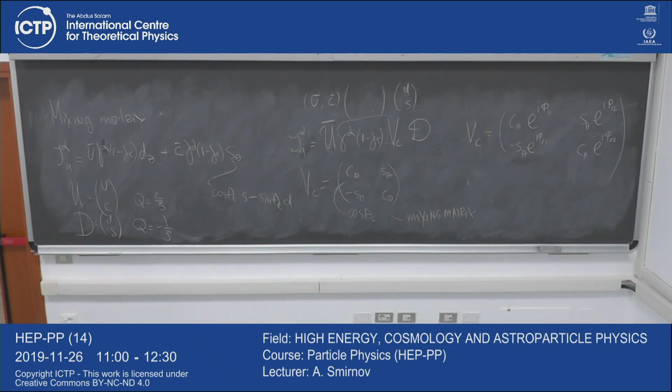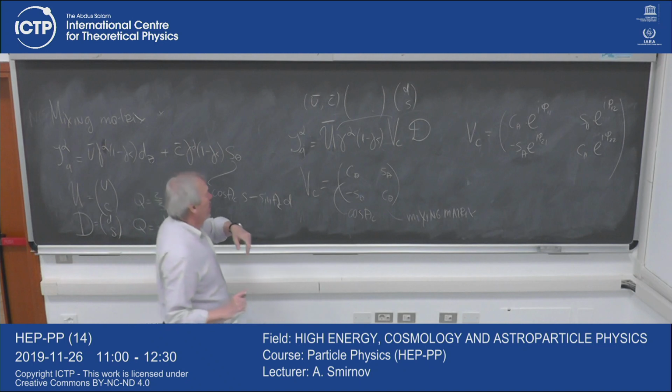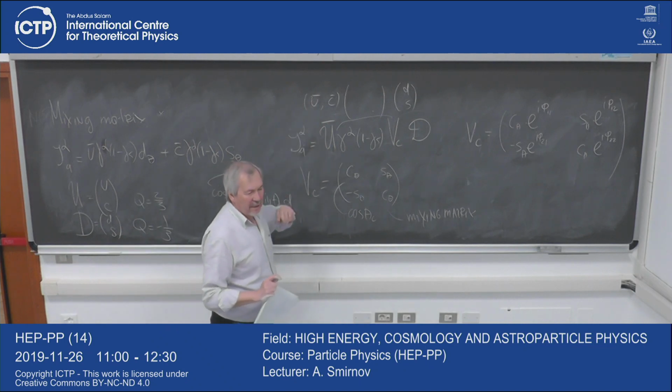Now the matrix should be unitary. And it should be unitary because we want to have a connection between correctly normalized states. So we normalize U and D, these big U and D, in just the usual way, right? So that U bar U is 1, right?